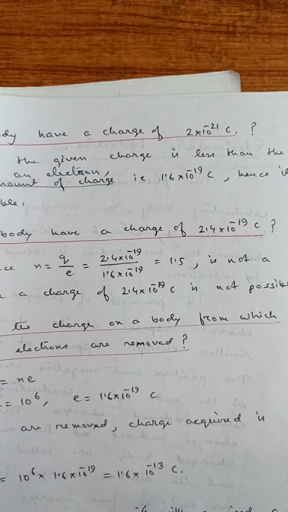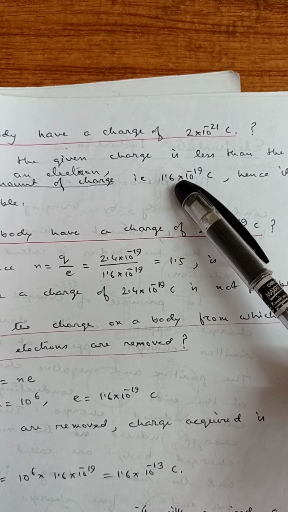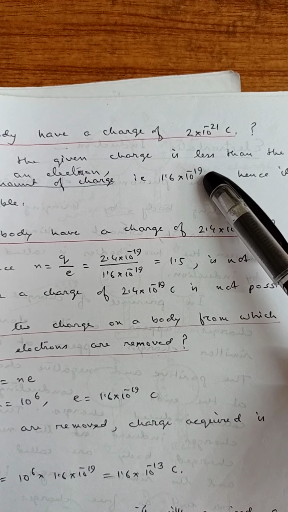In the quantization of electric charge, we get that the charge on any body is always an integral multiple of a certain minimum discrete amount of charge, and that minimum discrete charge is the charge on the electron, which is 1.6 into 10 to the power minus 19 coulomb.